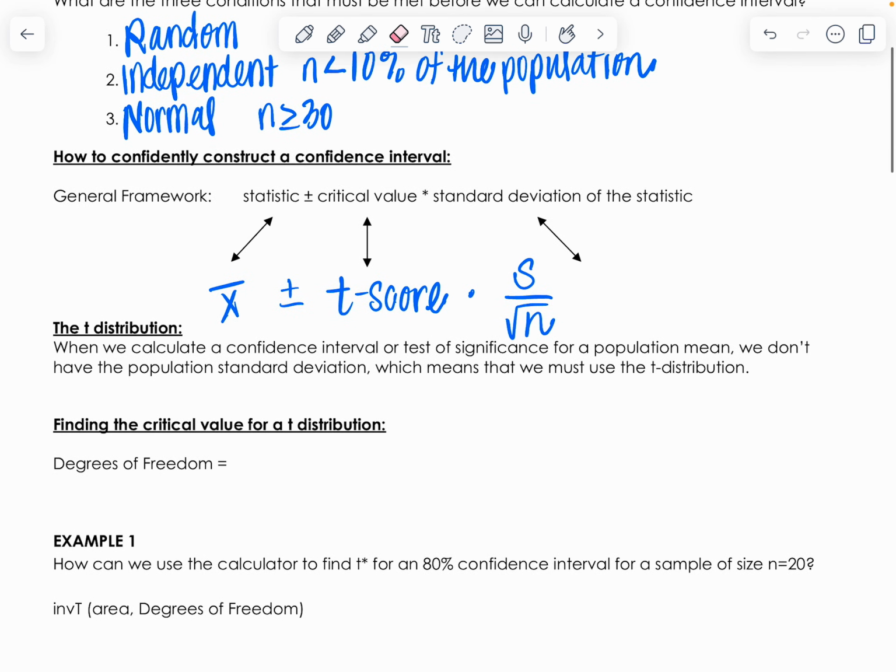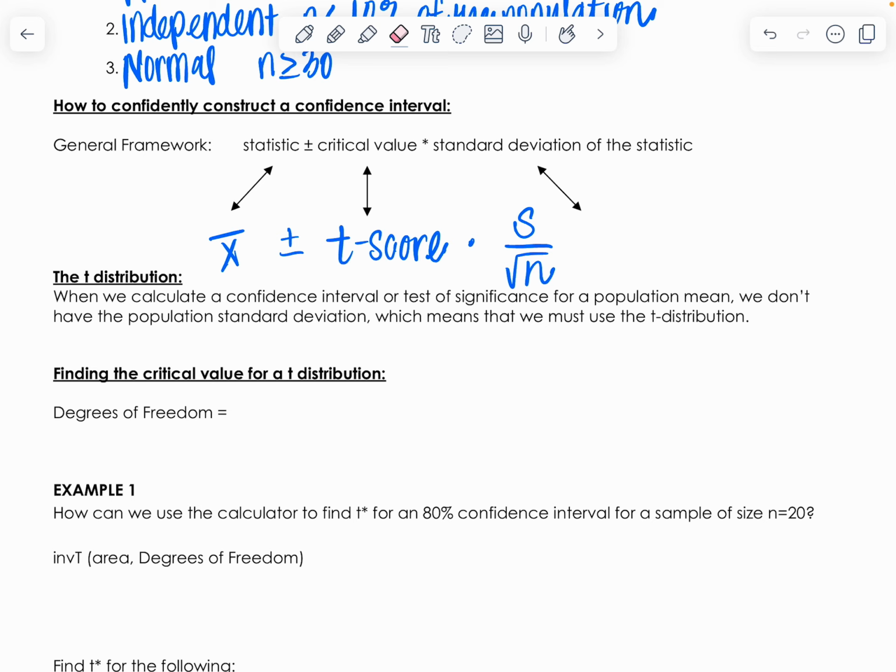So let's talk about the t-distribution. The t-distribution is one we use only when we calculate a confidence interval, or next unit when we run a test of significance for a population mean. So that's really important. We only use it for means. We use it because we don't have the population standard deviation.